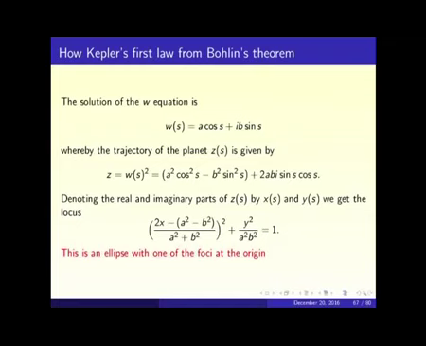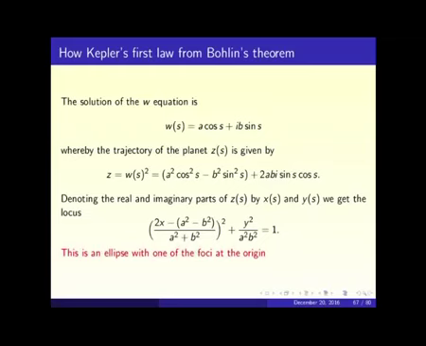So now if you take the real part of z and imaginary part of z and eliminate the sines and the cosines, then what do we see? We see that this is the parametric equation of an ellipse. So for example, call this real part as x of s, call the imaginary part as y of s, and so what is this equation of the ellipse?